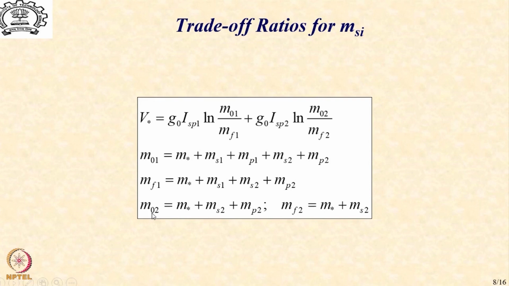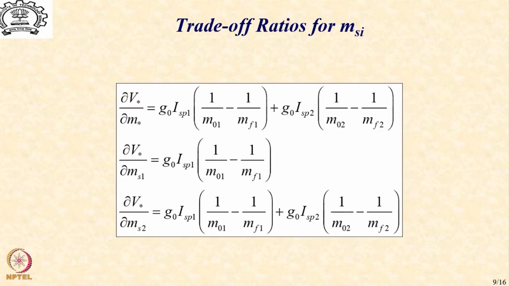And similarly, the starting mass for the second stage, that is M02, as M star plus MS2 plus MP2, and MF2 as M star plus MS2. As there are only two stages, the final mass of the second stage would be just M star and the structural mass of the second stage, at which point we would have achieved the final velocity.